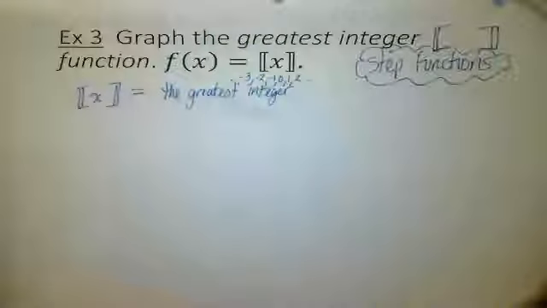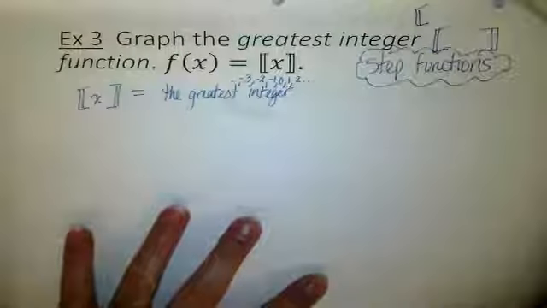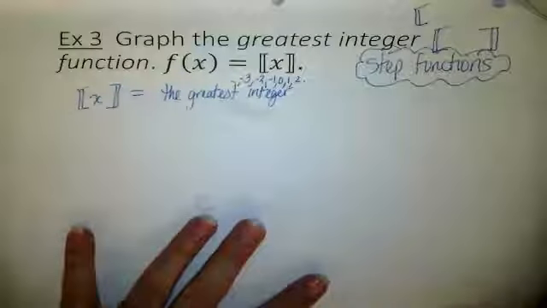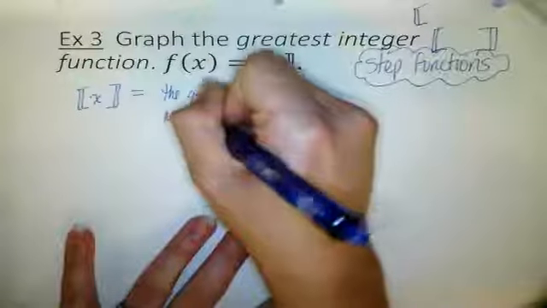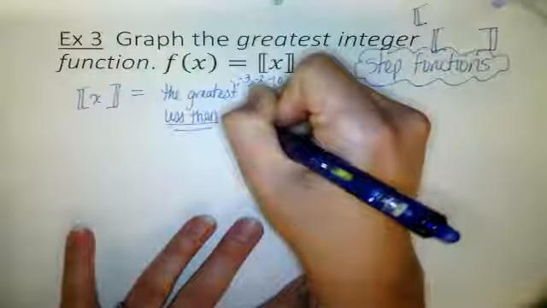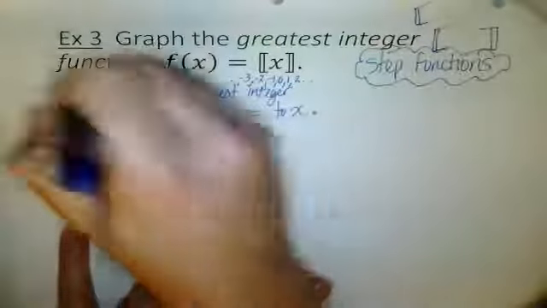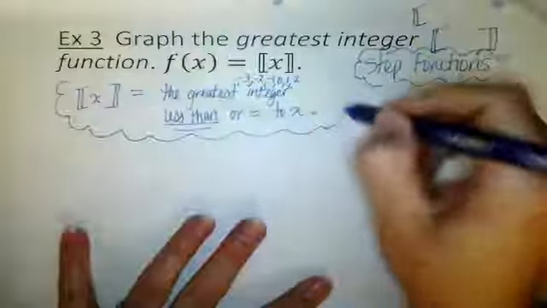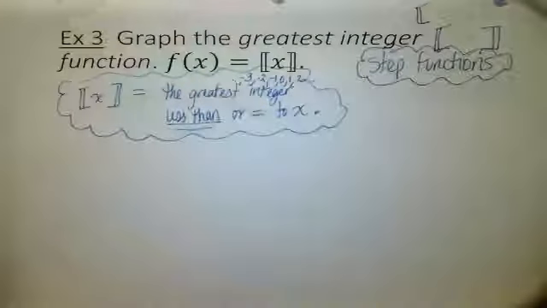The positive and negative whole numbers, ladies and gentlemen, integers. A bracket with an extra bar. All right, so the greatest integer, here's the important part, less than or equal to the number. That is what the greatest integer function is defined as: the greatest integer less than or equal to the number.